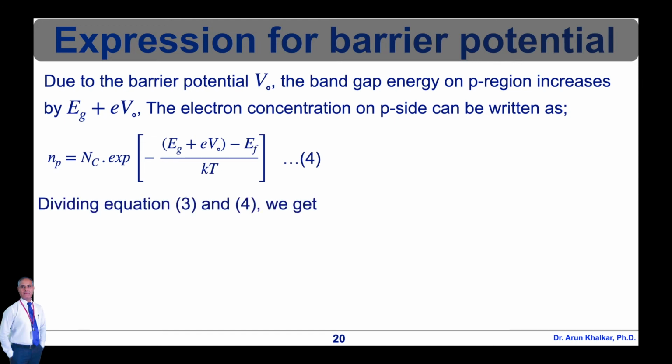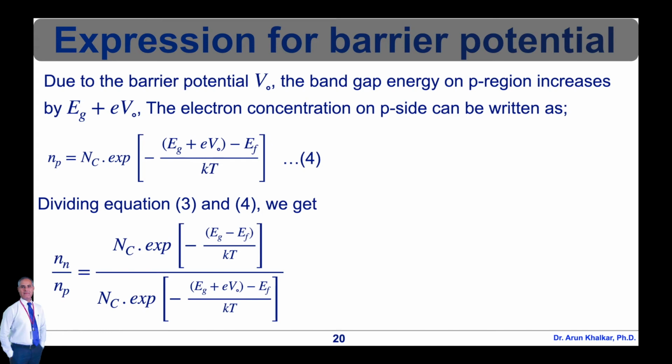Dividing equation number 3 by equation number 4, we get Nn upon Np is equal to Nc into exponential of minus Eg minus Ef upon kT divided by Nc into exponential of minus Eg plus eV naught minus Ef upon kT. Therefore, Nn upon Np is equal to exponential of eV naught upon kT. Let's say this is equation number 5.